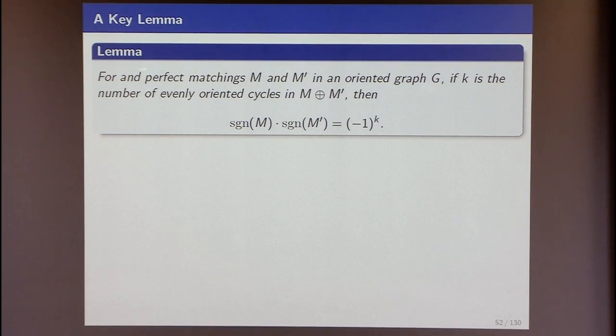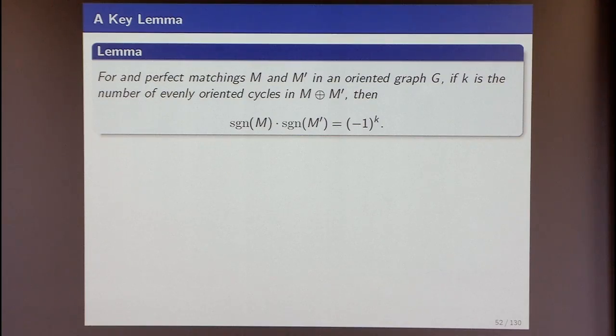And so now comes a lemma. I say that the product of the sign of perfect matching M and the sign of perfect matching M prime in an oriented graph G is going to be (-1)^k, where k is the number of evenly oriented cycles in this XOR.